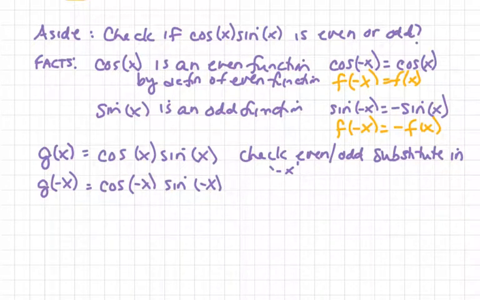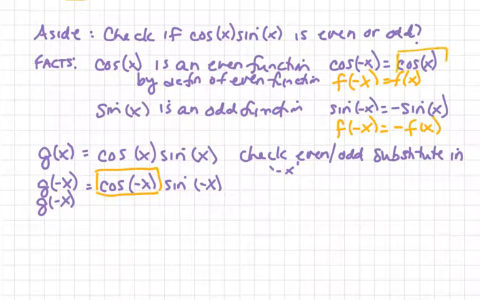Well, what do we know? On the left-hand side, we still have g of negative x. On the right-hand side, cosine of negative x, by definition, is equal to cosine of x, so I'm going to replace that with cosine of x because that is a fact by definition.